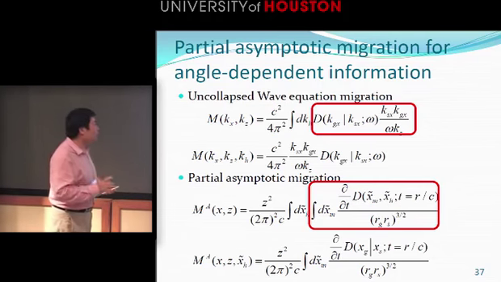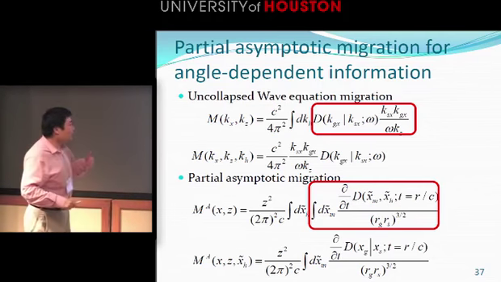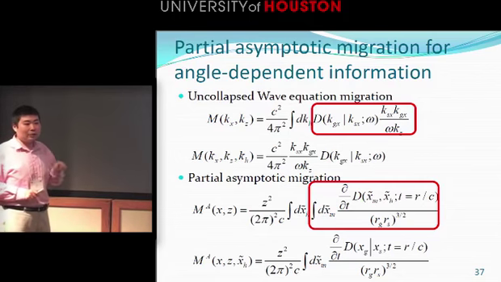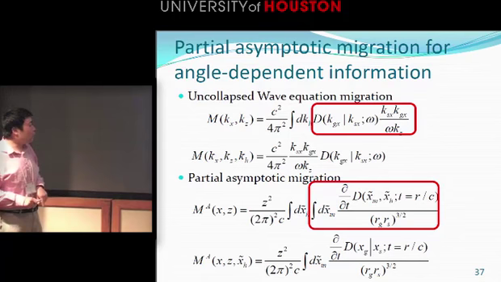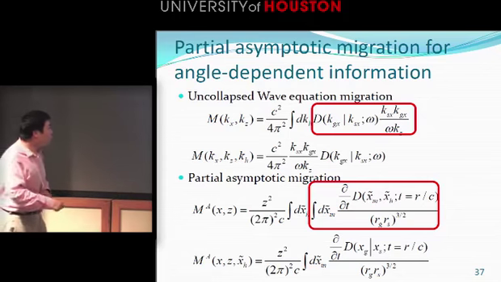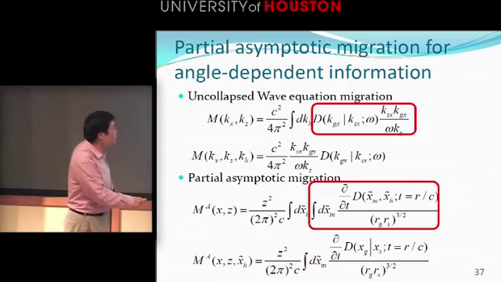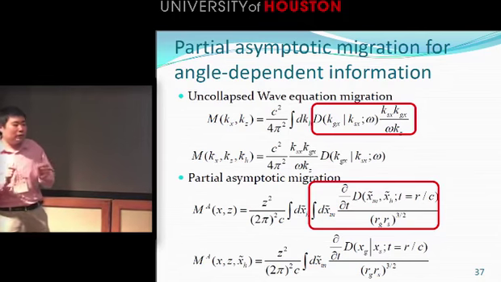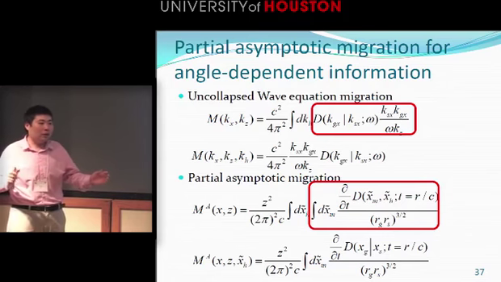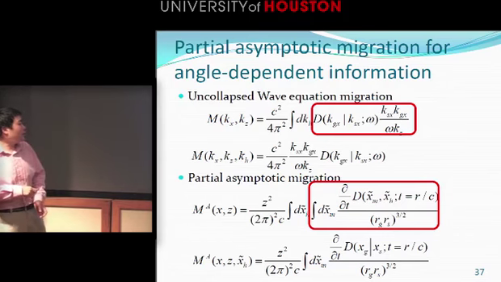One thing I want to emphasize: this xh has a tilde. This is not subsurface offset. This is the offset on the surface, which is part of the geometry of the acquisition. So doing this integral is not an imaging condition like this one. It just says that we need to use all data of different offsets to get the image.